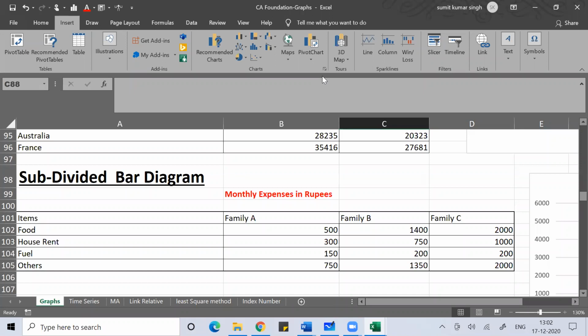People normally don't like numbers, so instead of showing numbers, if you show them a diagram, they can understand in a much easier way. So whichever diagram looks better for that particular situation, we use that diagram.